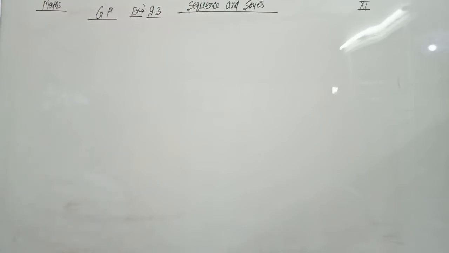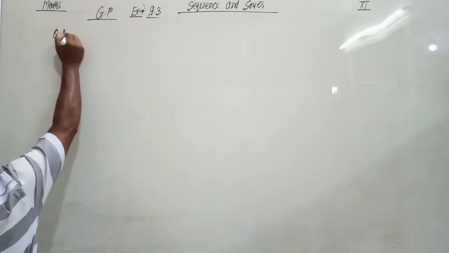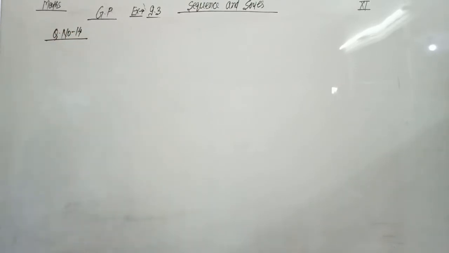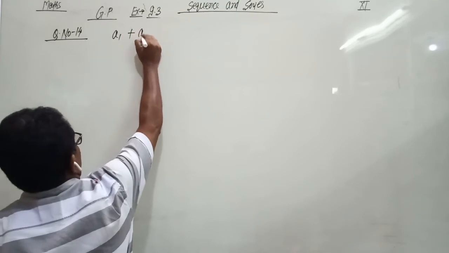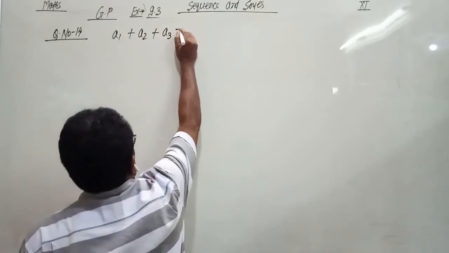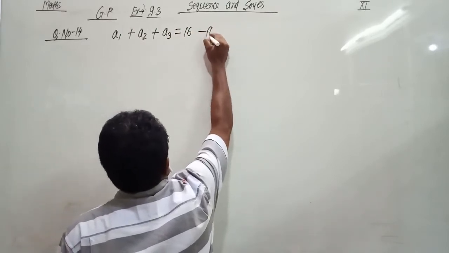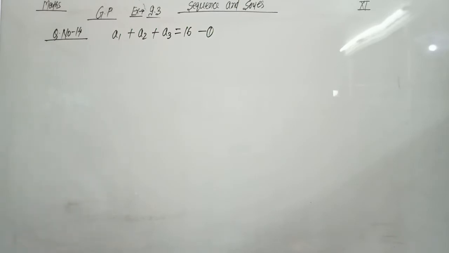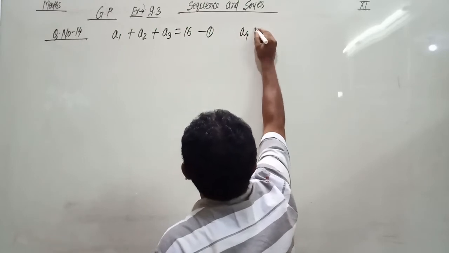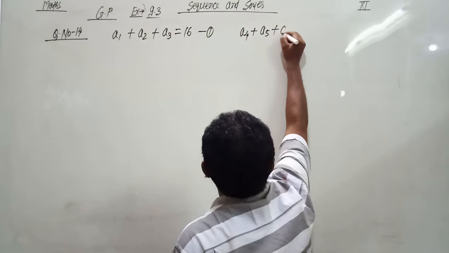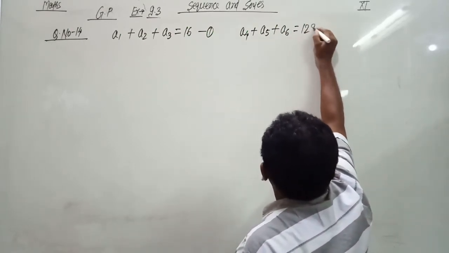Then question number 14. The sum of first 3 terms of a GP is 16, that is A1 plus A2 plus A3 is 16, and the sum of the next 3 terms is 128.